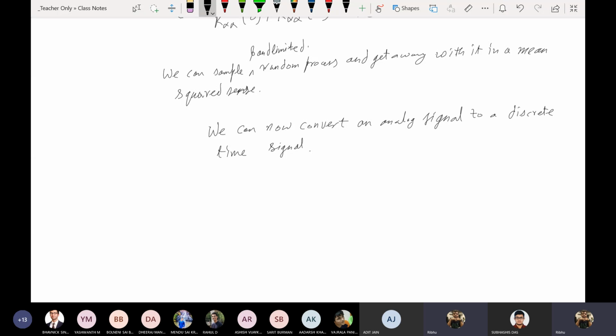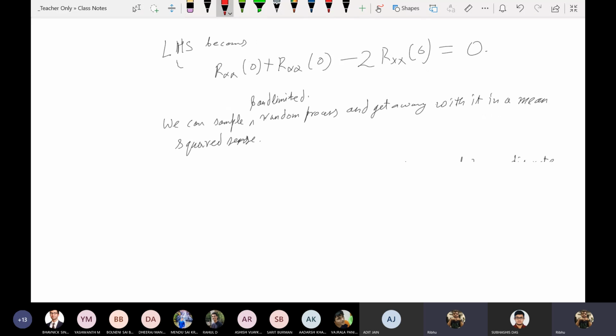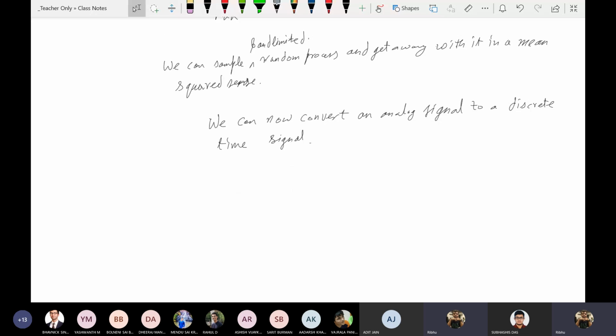So maybe in the next 15 minutes, you'll get the answer to your question automatically. In any way, mean squared error is the error power. So we are minimizing the power of the error. For now, let that work, and I will come to it when I discuss quantization, you'll understand mean square error slightly better.